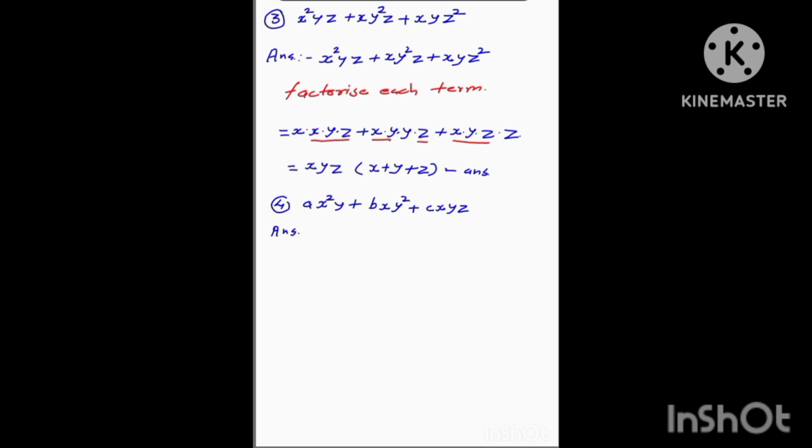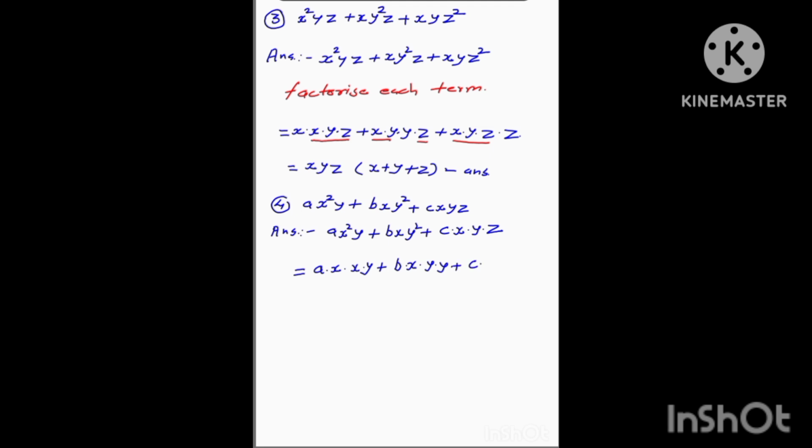I will rewrite the whole thing first. ax square y plus bxy square plus cxyz. What I was talking about is, it is better to split those squares. If they are big squares, then we split them into smaller terms, then it becomes very easy. So always do it.